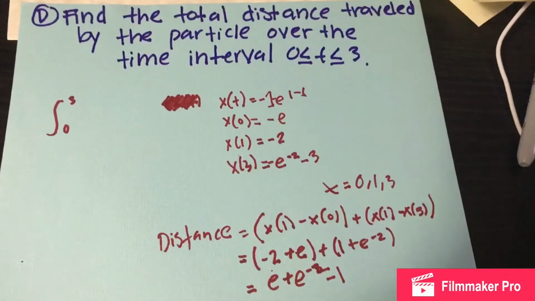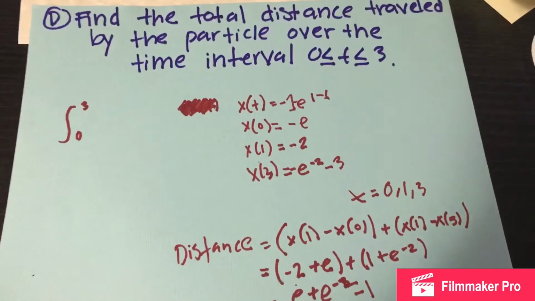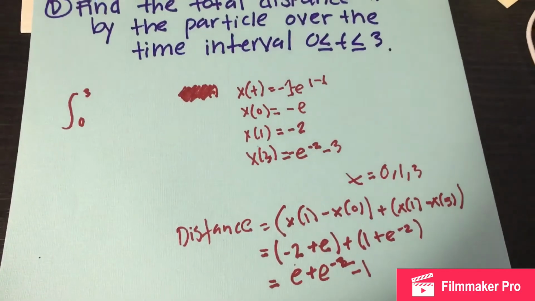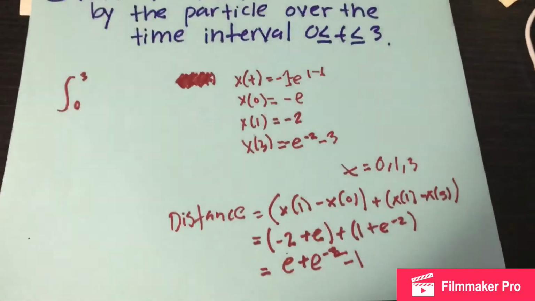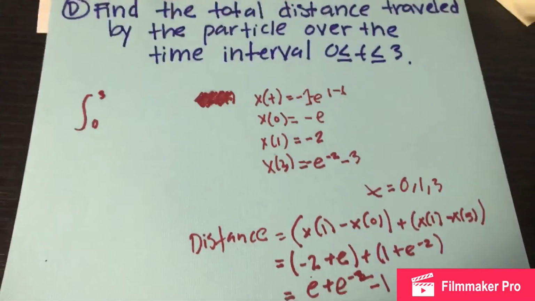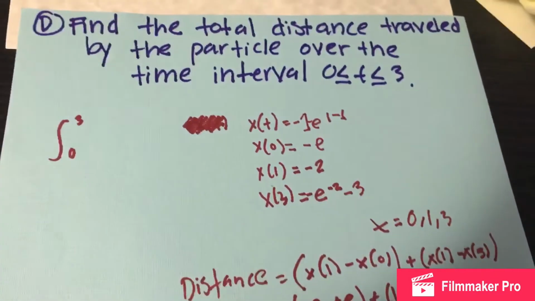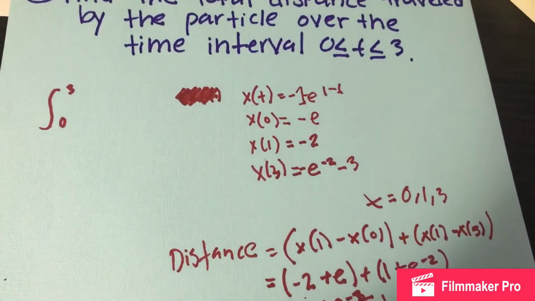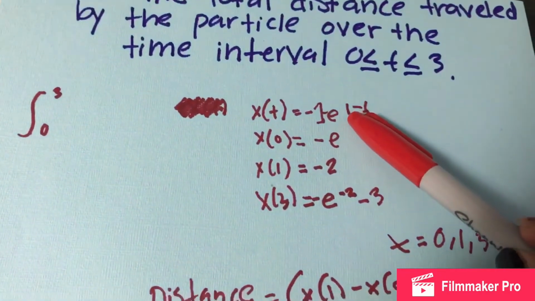Alright, for letter D, it says find the total distance traveled by the particle over the time interval 0 less than t less than 3. So that's where I know to approach the 0 to 3. Therefore, I did the antiderivative, which from the original equation, this is the antiderivative.